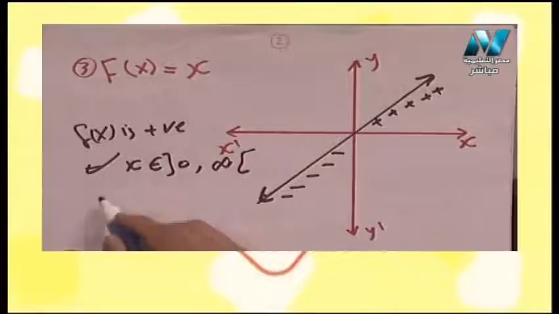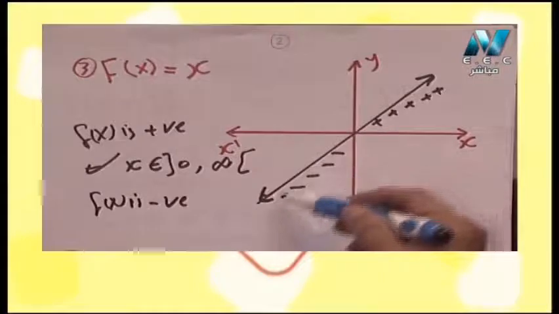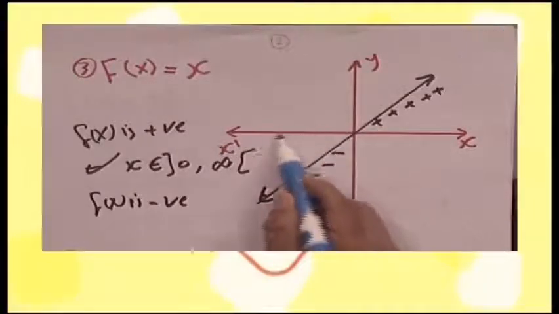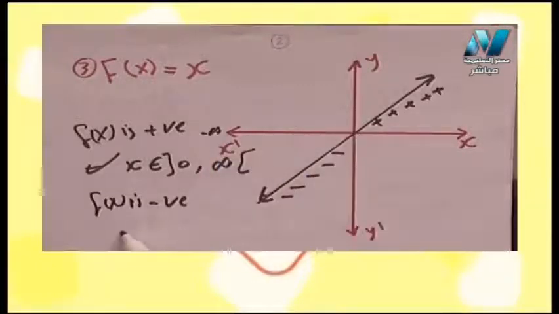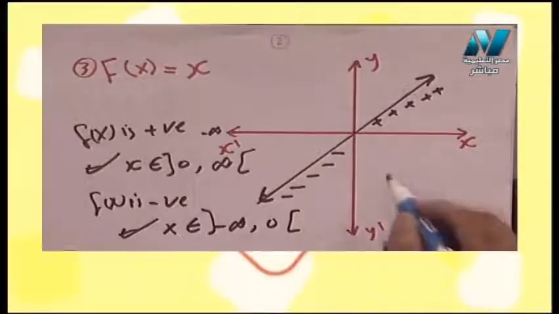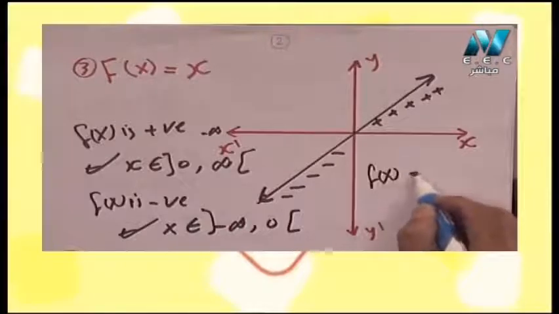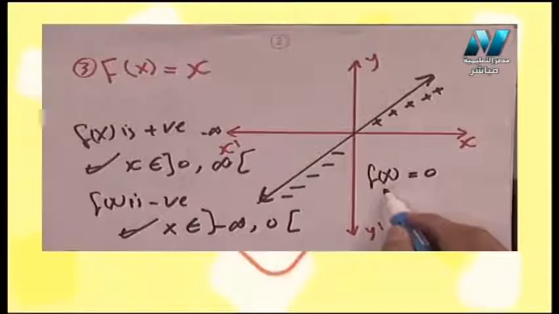And if x is negative, this part, which is represented on the x-axis here, starts from negative infinity to 0. So it is negative for all x belongs to negative infinity to 0. 0 is open, but this function equals 0 when x equals 0.